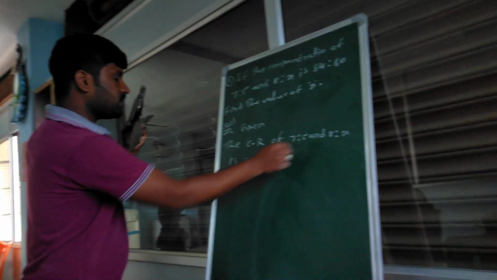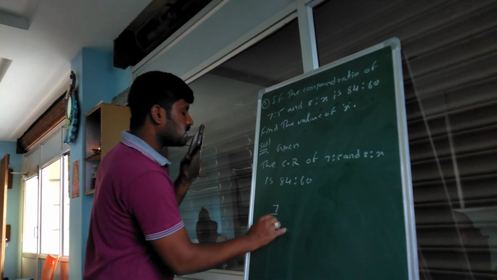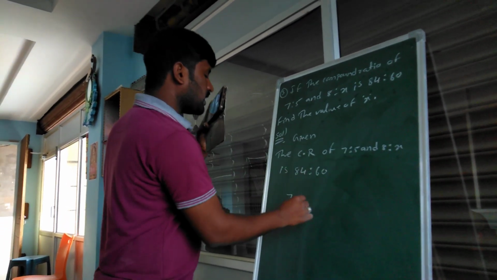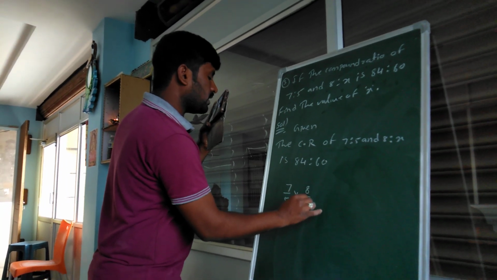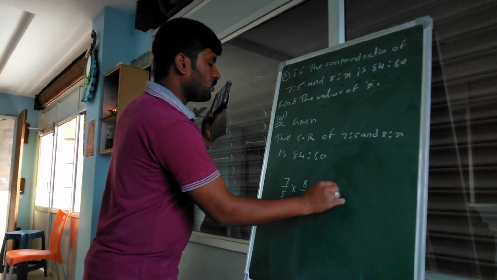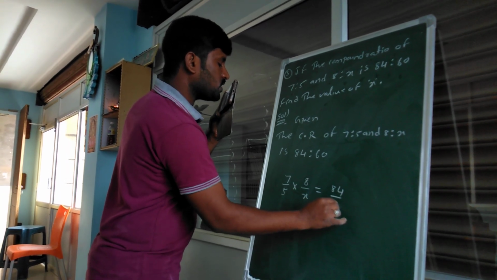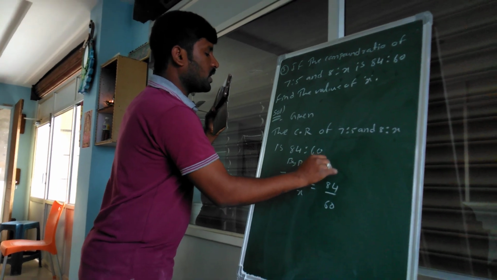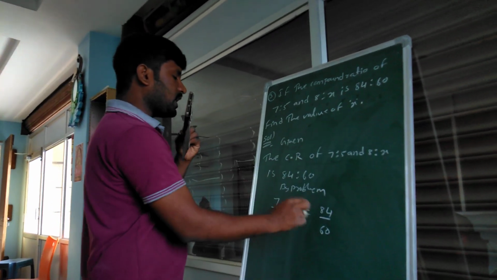Now 7:5 we can write as 7/5 into 8:x, which we can write as 8/x, is equal to 84/60 by problem. Okay, by problem I have written like this.